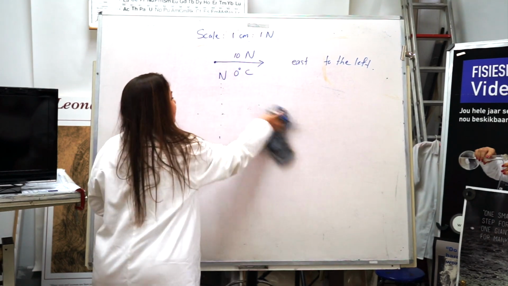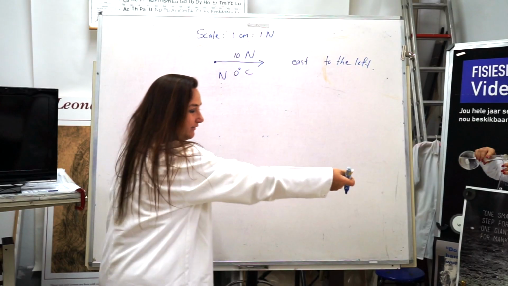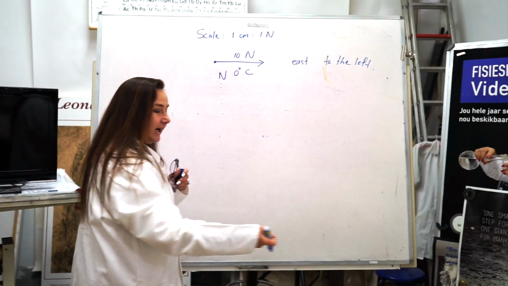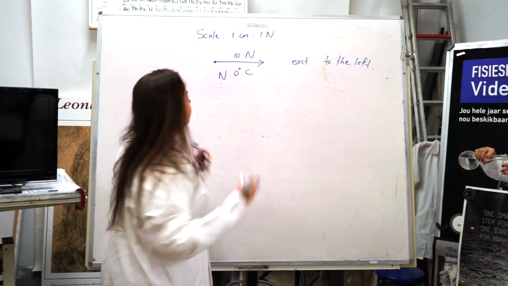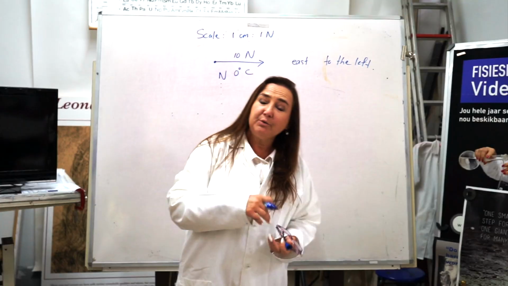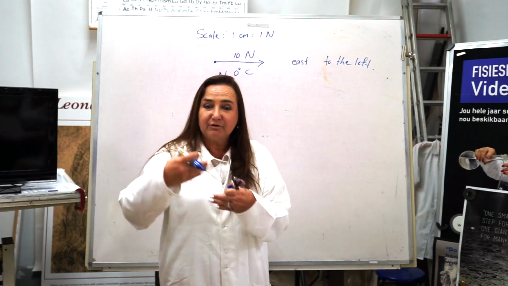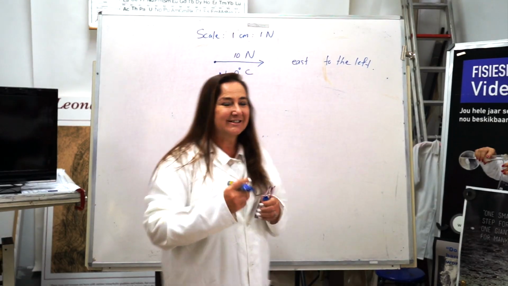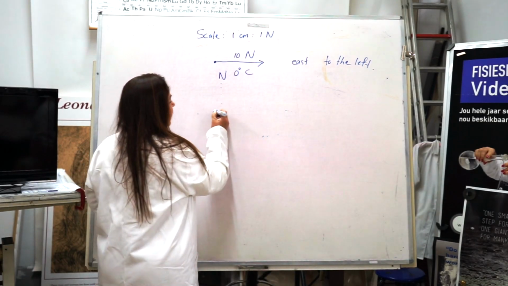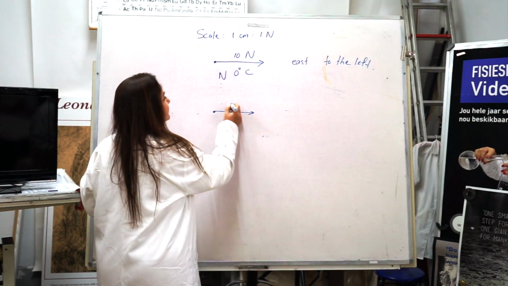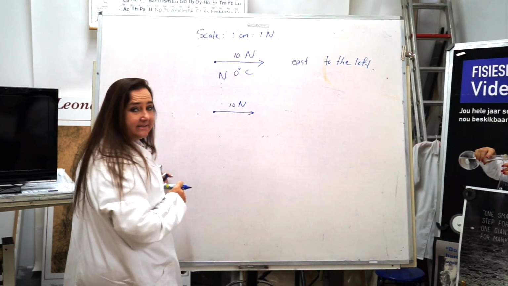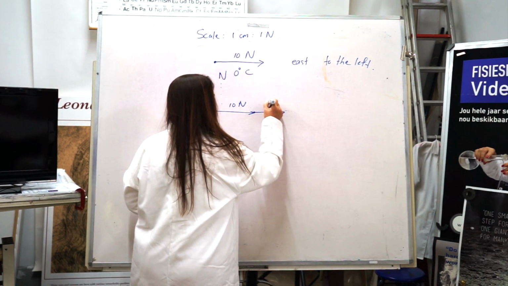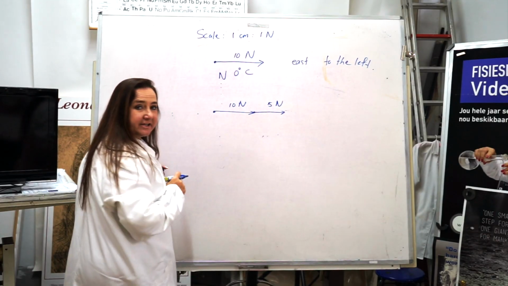Now let's say I have a force of 10 newton in a direction. I've pulled you with a force of 10 newton, and I continue and now use another 5 newton, but in the same direction. How will we calculate the net force, which we call the resultant force? I pulled you with 10 newton at 90 degrees, and I apply a further 5 newton in the same direction.